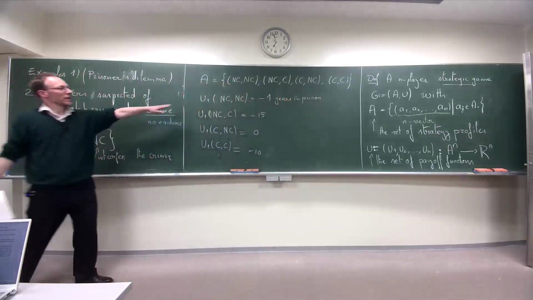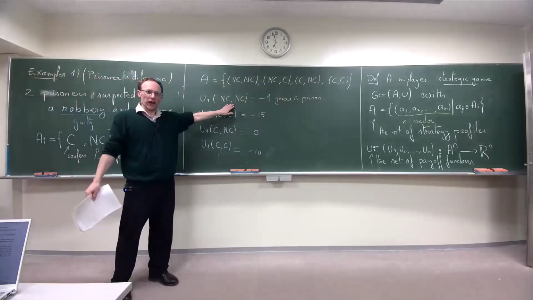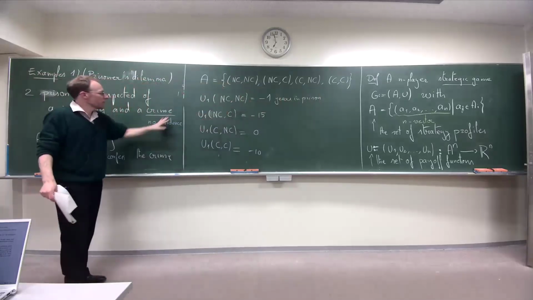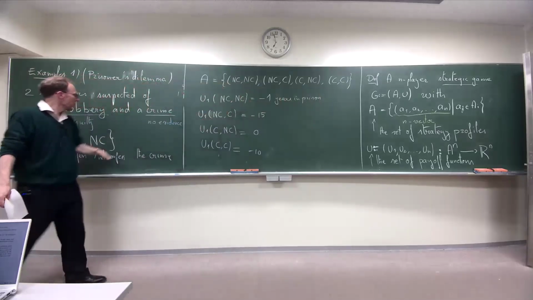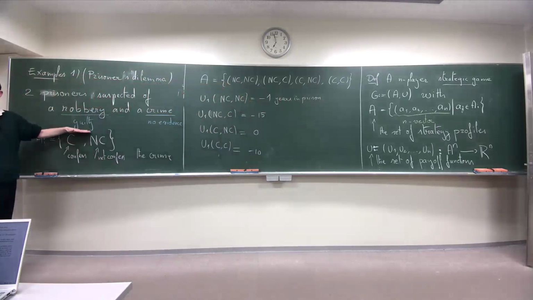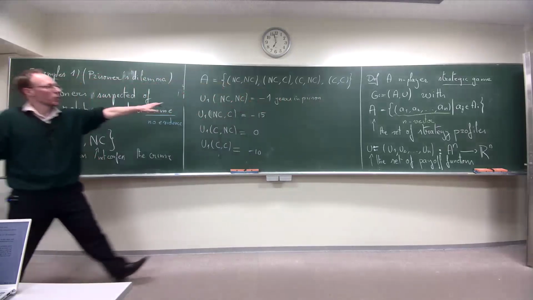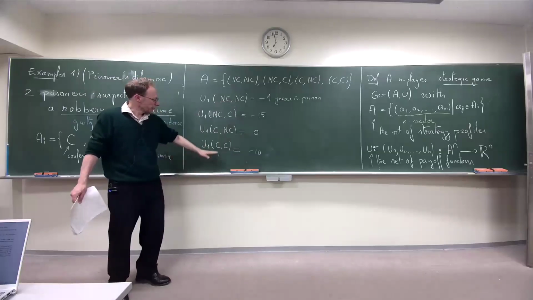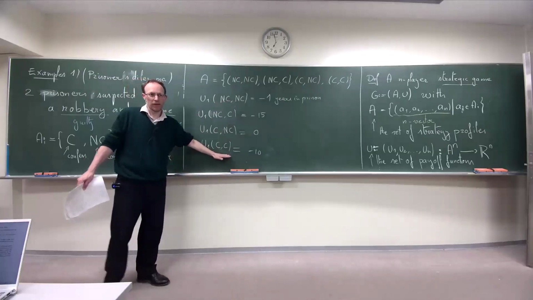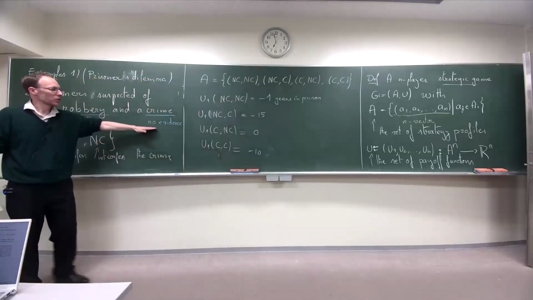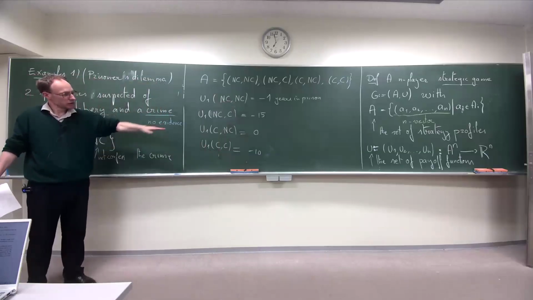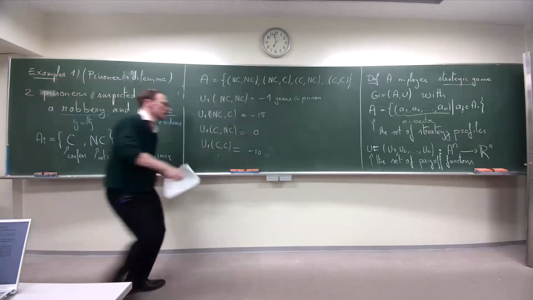What does it mean? If none of them confess, we have no evidence that they committed the crime, so they are just guilty of robbery. That's why they both get 1 year. If they both confess, it means they both say they committed the crime, and each of them is going to receive 10 years.